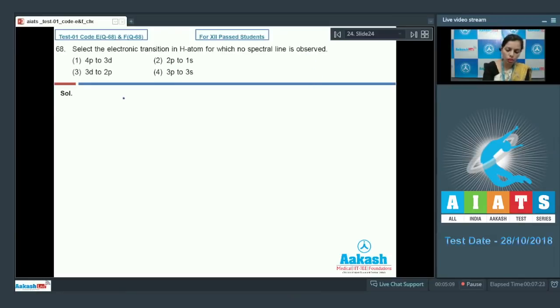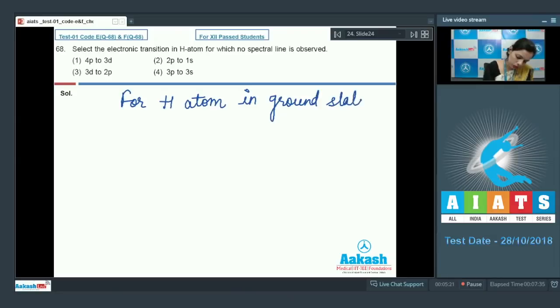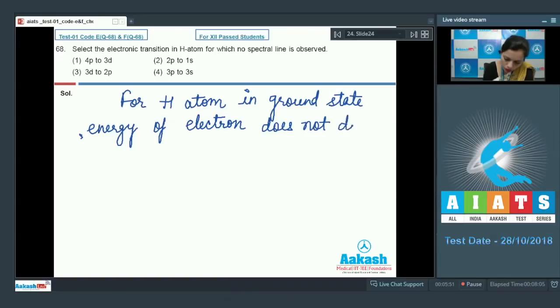So whenever we are talking about hydrogen atom in ground state, energy of electron doesn't depend on L value.